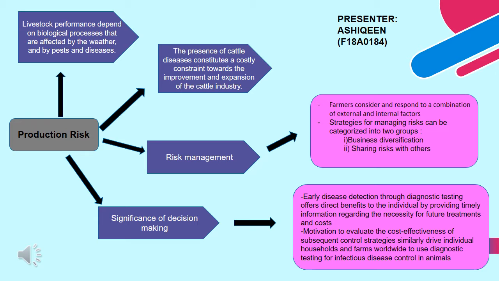Examples of cattle disease are anthrax, foot and mouth disease, anaplasmosis, mastitis, and lumpy skin disease. For risk management, farmers consider and respond to a combination of external and internal factors such as market access and resources available to the farm household.